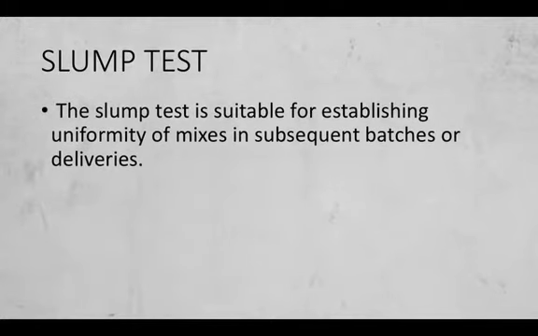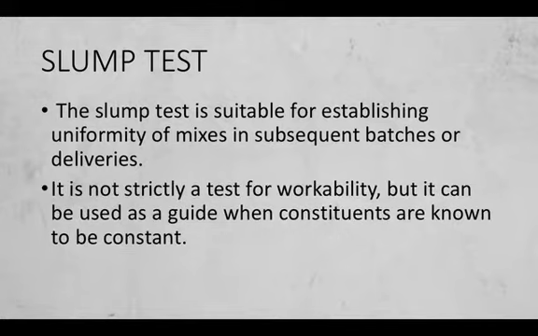So, the slump test. The slump test is suitable for establishing uniformity of mixes in subsequent batches or deliveries. It is not strictly a test for workability, workability meaning how easy it is to mix the concrete and work with it, but it can be used as a guide when constituents are known to be constant.